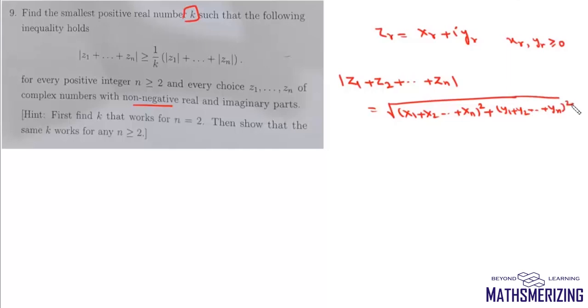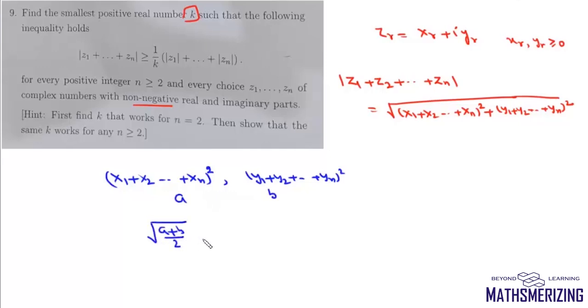yn whole square. Now if we consider two numbers x1 plus x2 plus xn whole square and y1 plus y2 plus yn whole square, and if we take these two numbers as a and b, we know that under root of a plus b by 2 is always greater than or equal to under root a plus under root b by 2.